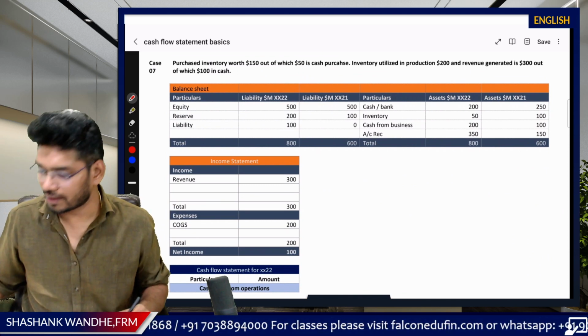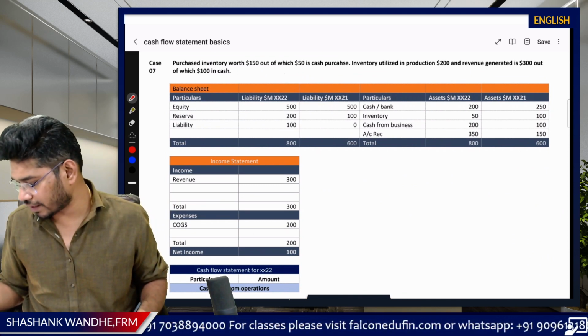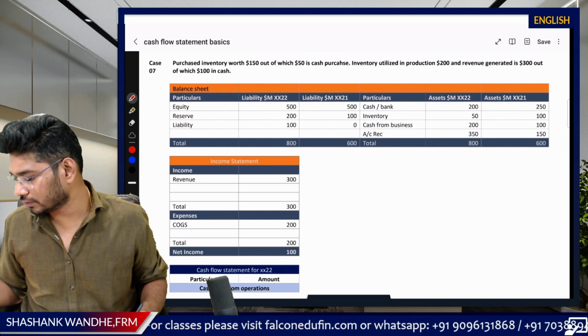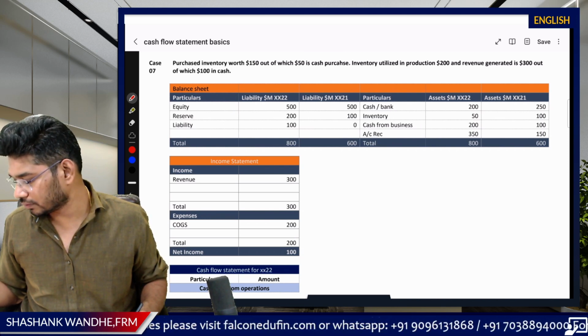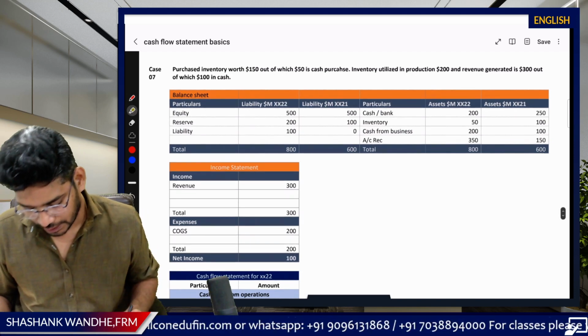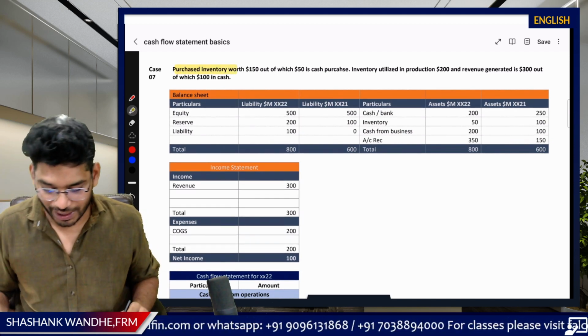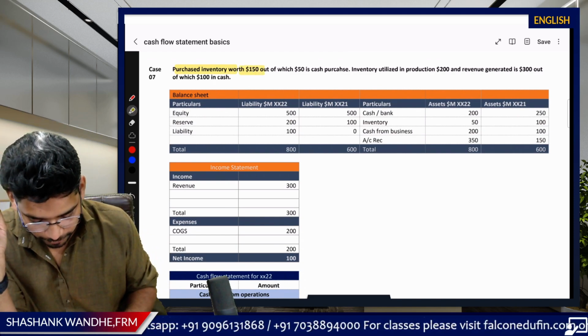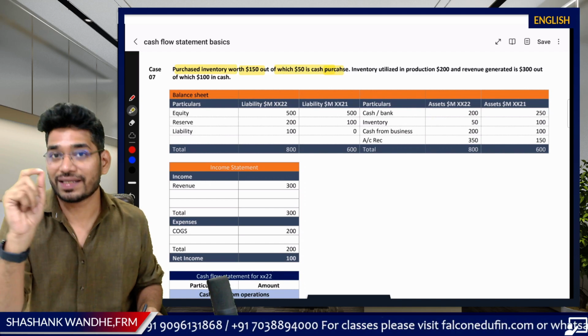Now here we are increasing the difficulty level of the illustration. From 7 onwards, our illustrations are slightly difficult. Let's see. Purchased inventory worth 150, out of which 50 is purchased in cash.